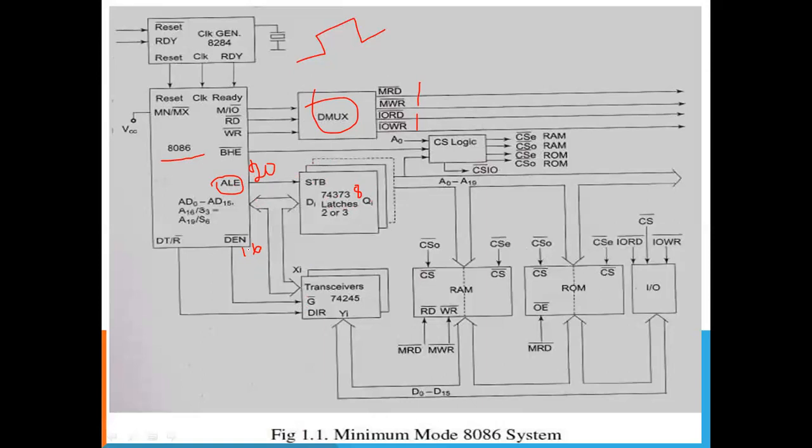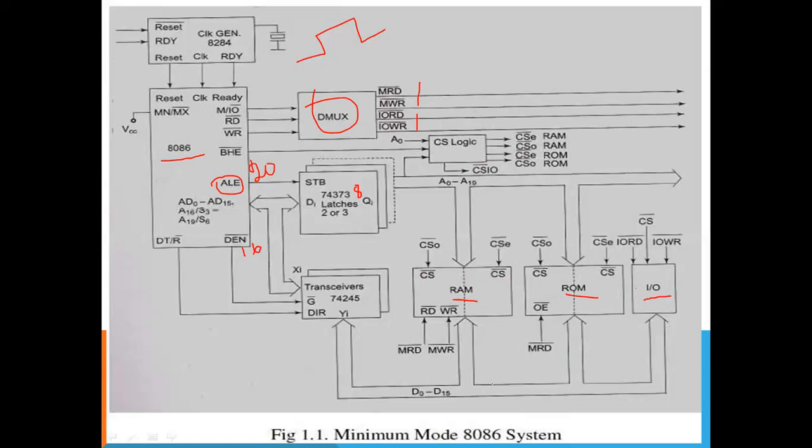Data enable means only 16 bits of data. One latch is for 8 bits, another latch is for 8 bits, so totally 16 bits of data. Next, the transceiver. Transceiver means transmitting and receiving the data from memory and I/O. Memory means RAM or ROM, and data is read or written through the I/O devices.